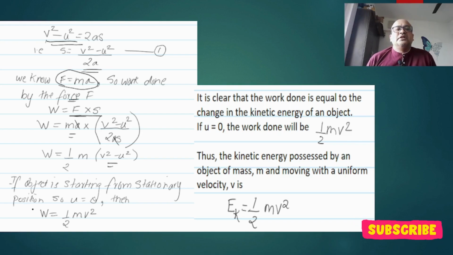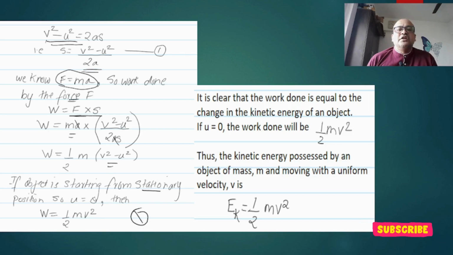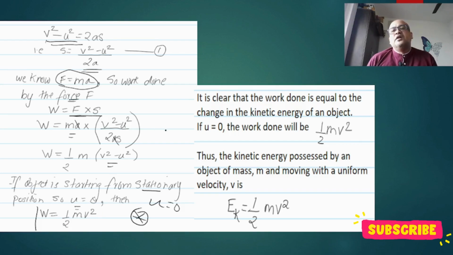Now if the object is starting from stationary, the object was placed here, it's stationary, right? So the value of u will be 0. Therefore we get W is equal to half mv square. So from this it is clear that the work done is equal to the change in the kinetic energy of an object.